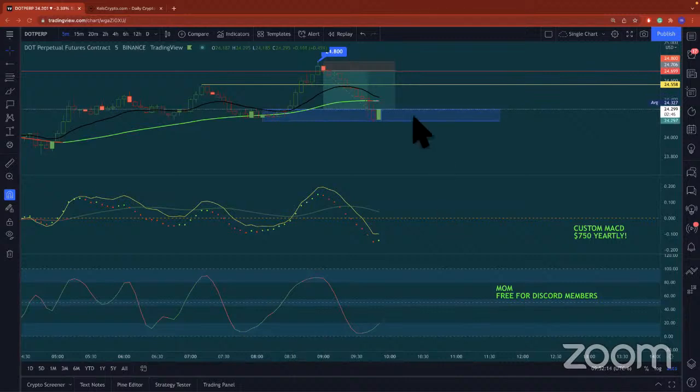Looks like we're fixing to get stopped, and there we go. We got stopped out. Now we're going to clean up our chart a little bit.